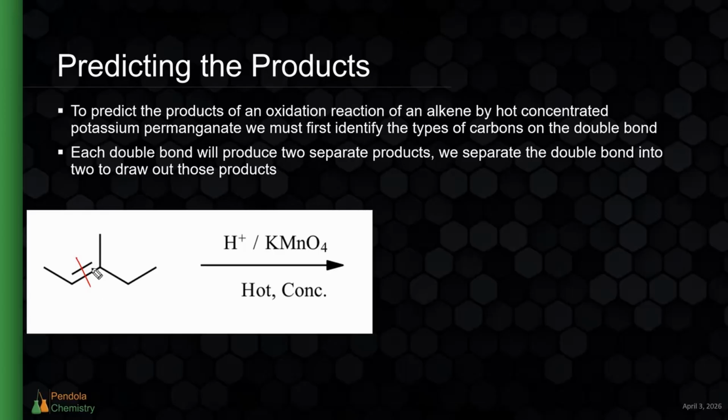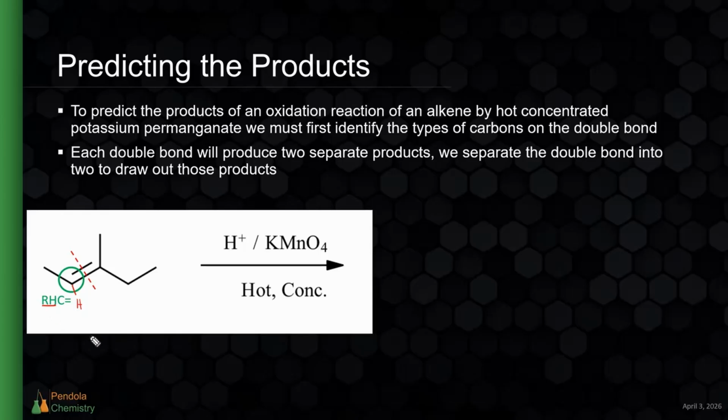And then once we put a line through it, we are going to identify what type of carbons are on this double bond. The carbon here has an R group, a carbon chain, on it, and a hydrogen, because remember, there's a bond missing here, 1, 2, 3 bonds, which means there is a hydrogen that we're not seeing on this carbon.